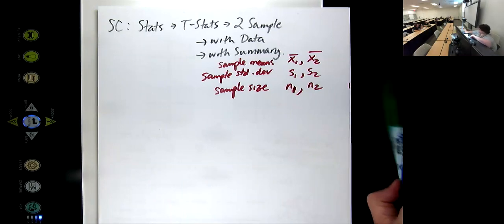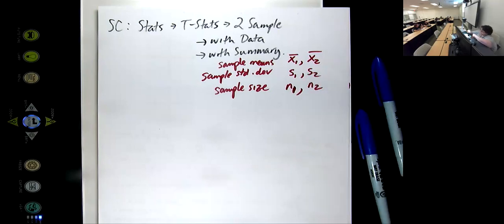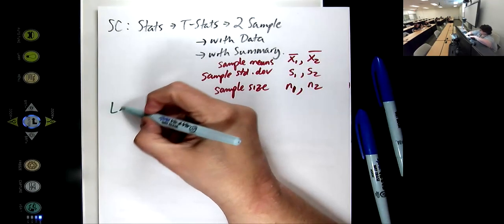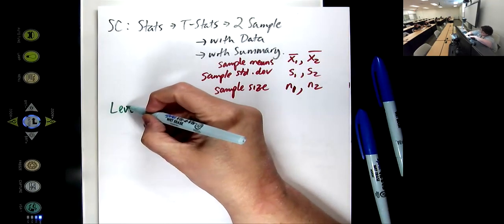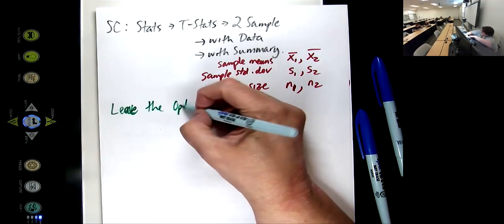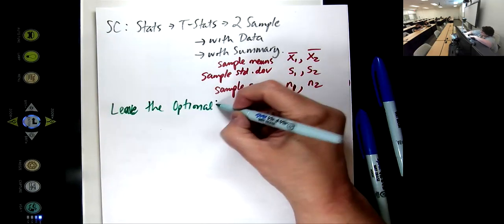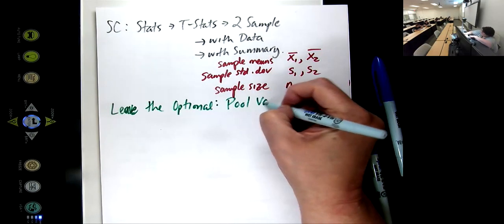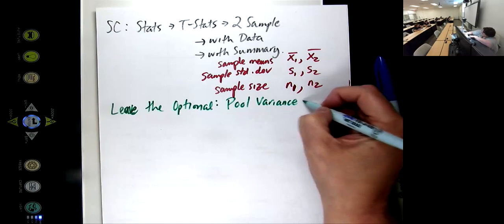There is an option that we will ignore. Leave the optional pool variances checked.